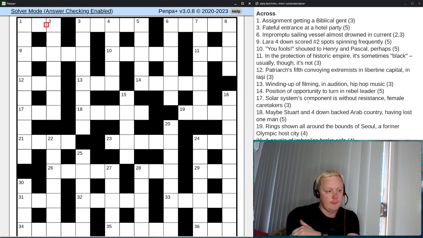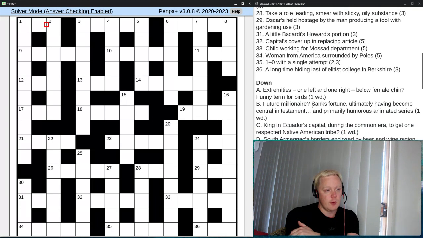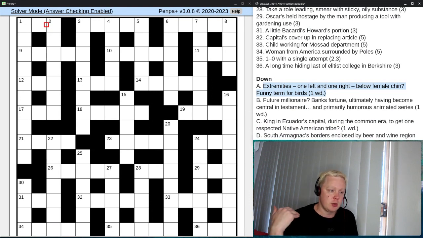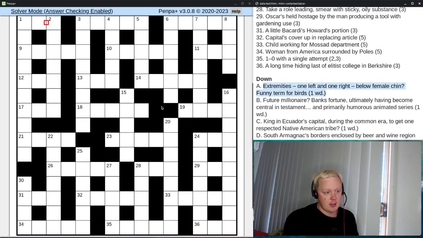Across clues are normal, and down clues, we don't know where they go. So even if we solve this one, we don't know where it goes in the grid without help from the across clues. So it's pretty clear that we should start with the across clues, solve as many as we can, and then when we have these checking letters, we can place some down answers in the grid.